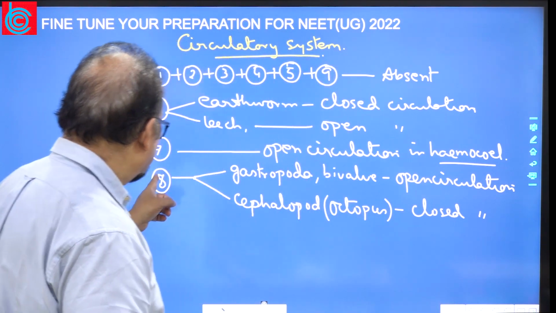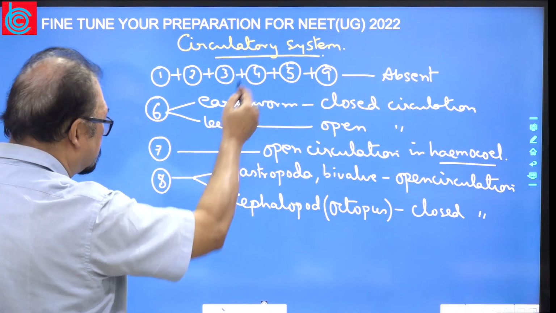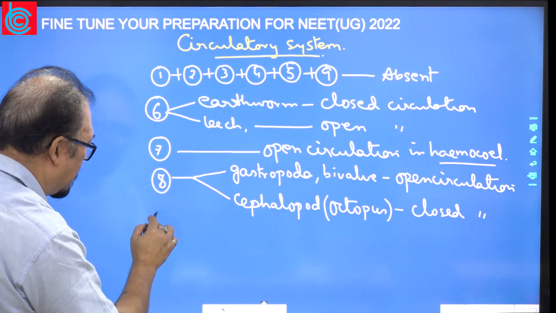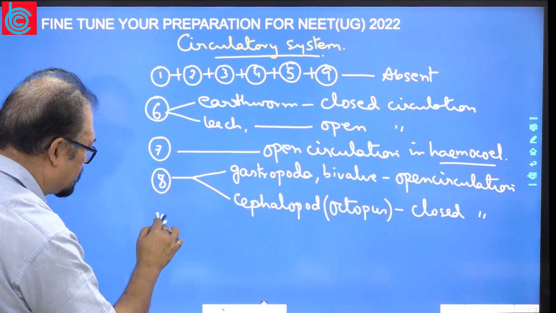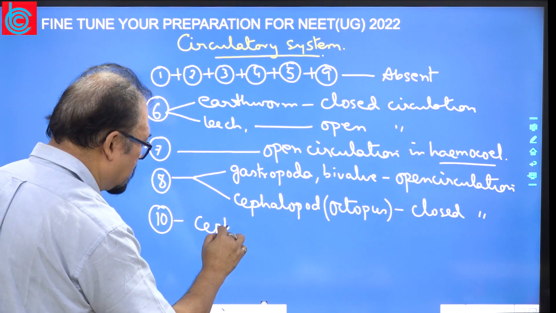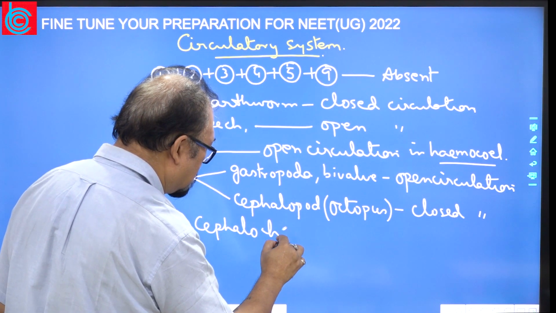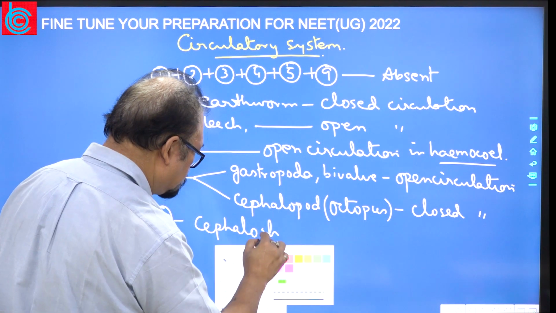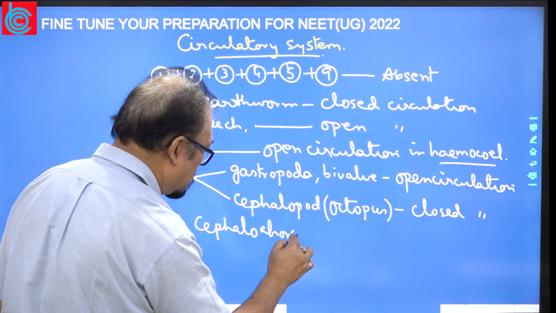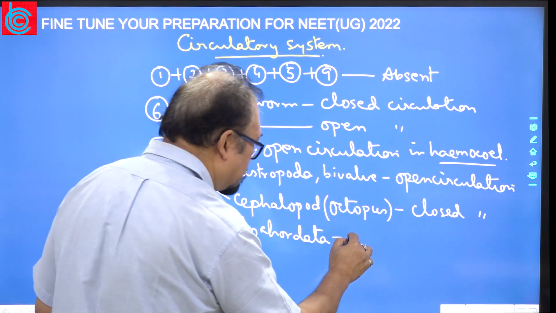So, echinodermata, no circulatory system. In hemichordata, cephalochordata, it has a closed circulation.